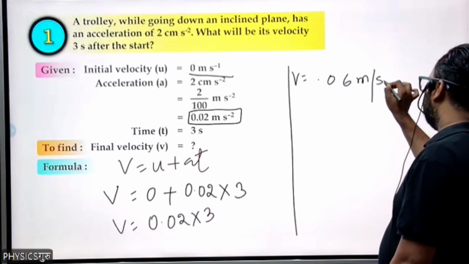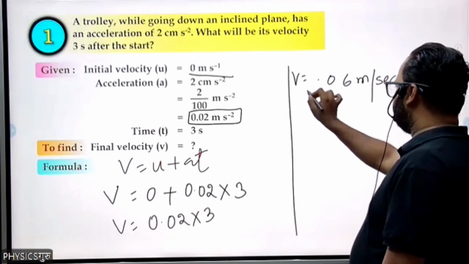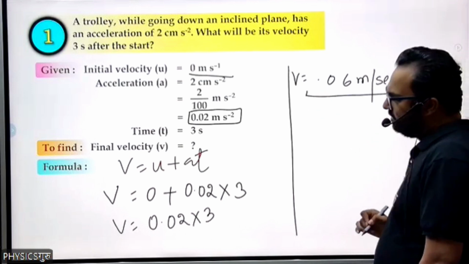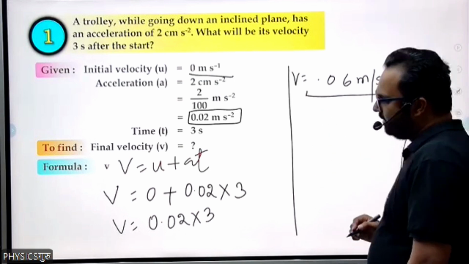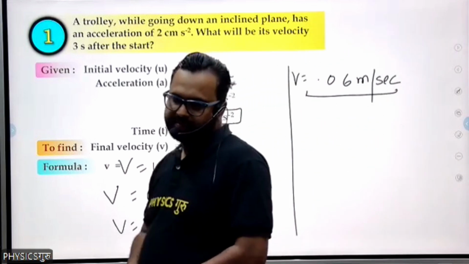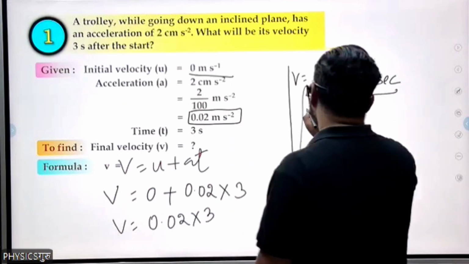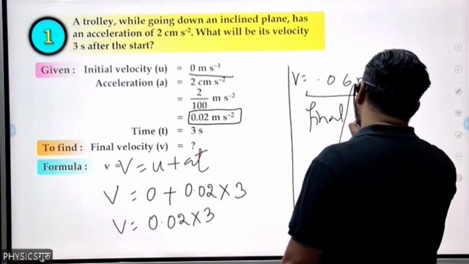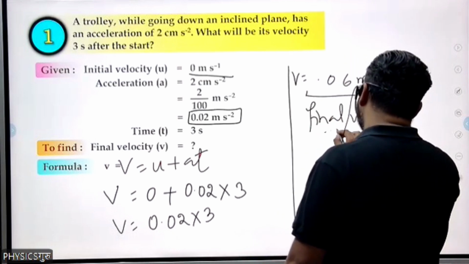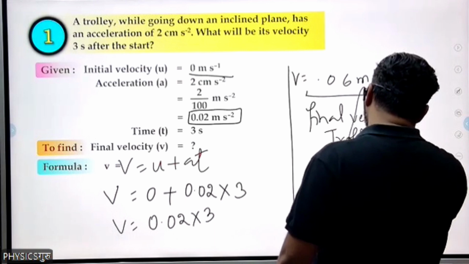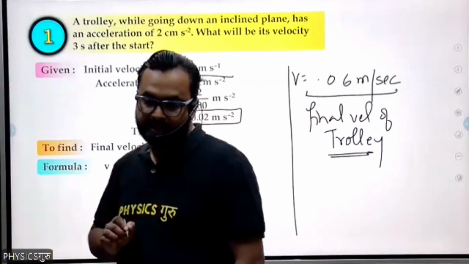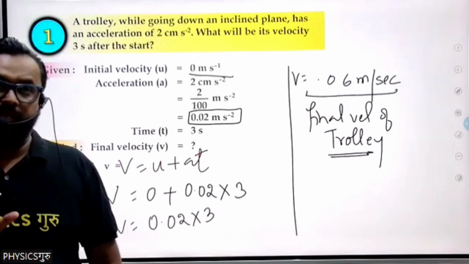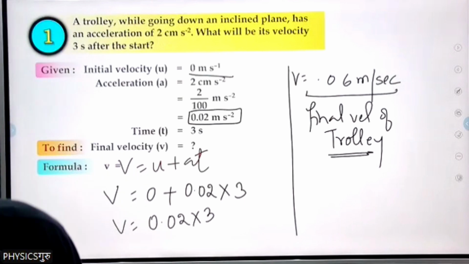This is the final velocity. So the final velocity of the trolley is 0.06 meter per second. Hope the concept is clear.